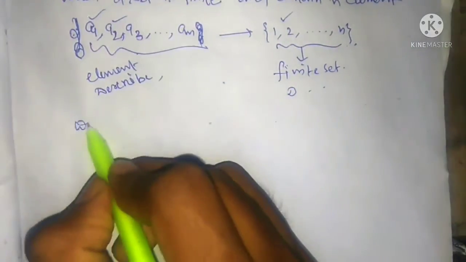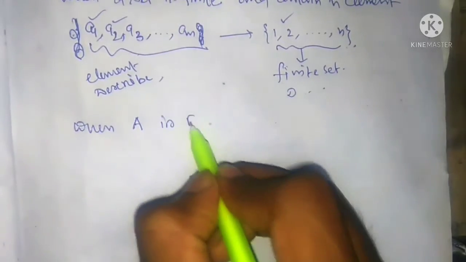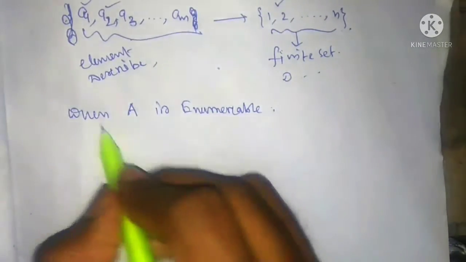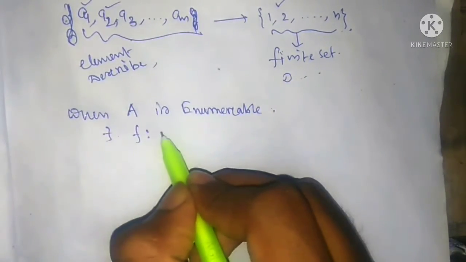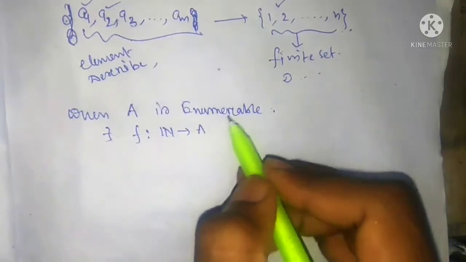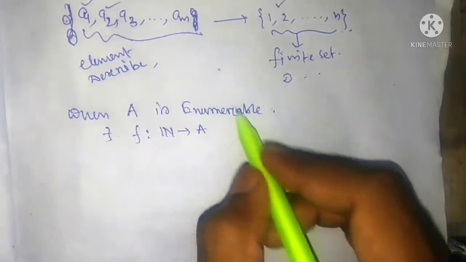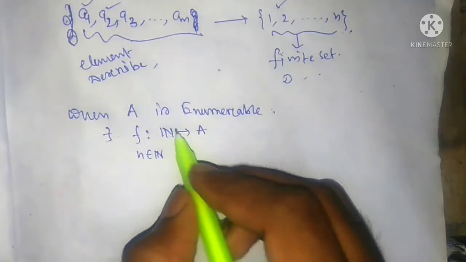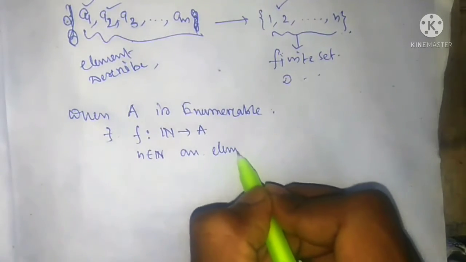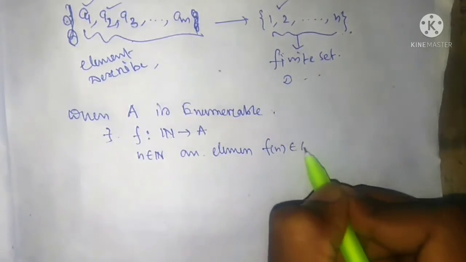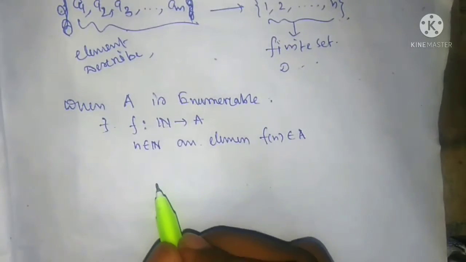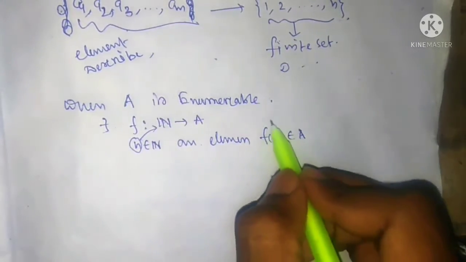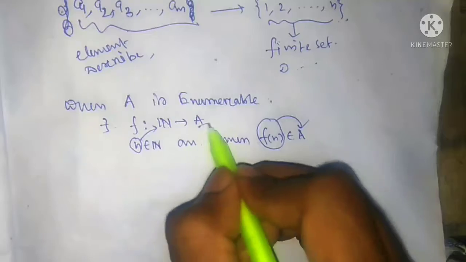And when A is enumerable, then what happens? Then there exists a bijective mapping from the natural numbers to A, assigning to each n belonging to N an element f of n belonging to capital A. So for any n belonging to N, there exists an element f of n belonging to that set.